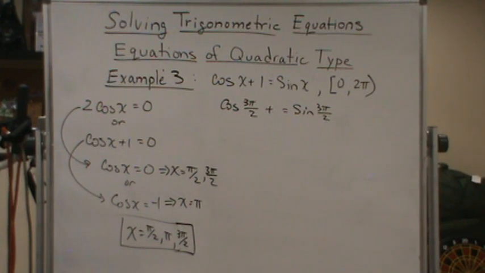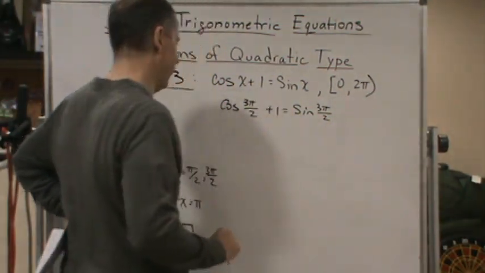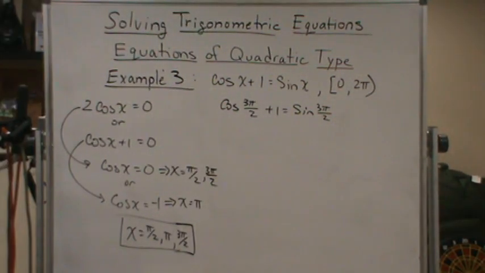Okay, now 3 pi over 2, cosine of 3 pi over 2, oops, hold on, forgot my 1. So the cosine of 3 pi over 2 is 0.